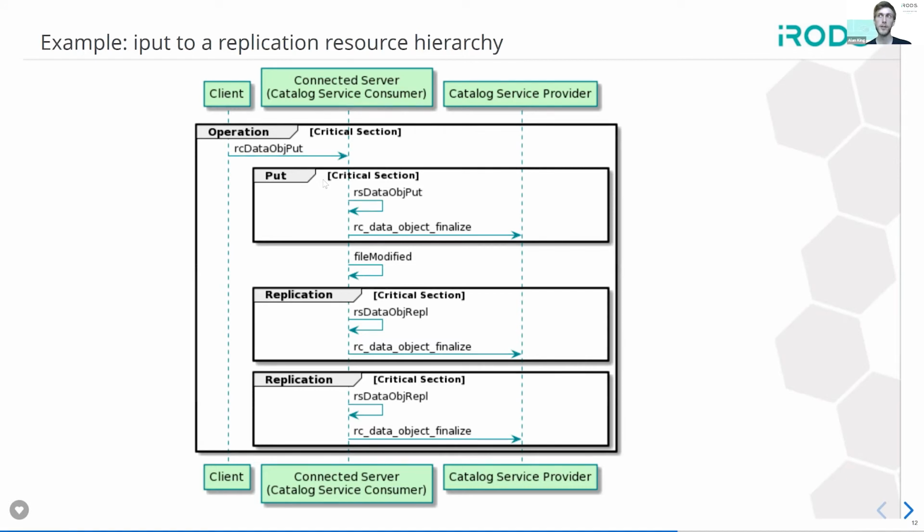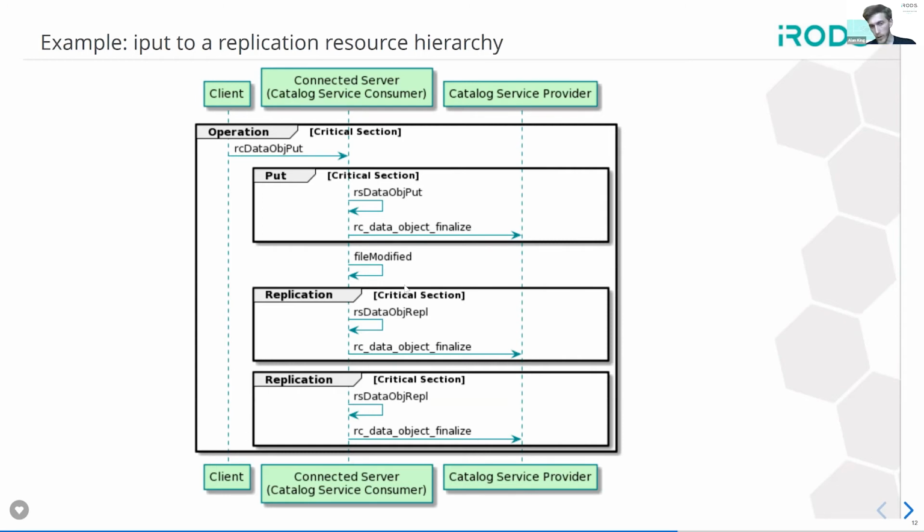The initial replica is created, everything goes great, it's finalized in the catalog, and then there's something called file modified. This is effectively a way of signaling to the resources that something has changed inside of the hierarchy as far as the data goes, and they can take the appropriate action based on the encoded policy in those coordinating resources.